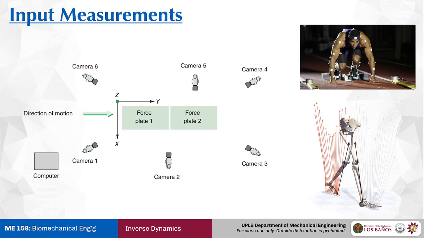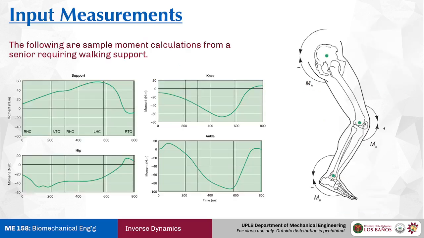The end result of inverse dynamics would be calculations of bending moments at respective joints in your body. For example, this is a record of reaction moments when a senior is walking and is assisted by a support. I didn't quite catch what kind of support it is, but you can see in the top left graph that the support is generating a reaction moment in order to facilitate the walking cycle.